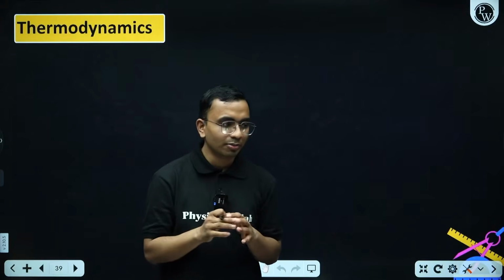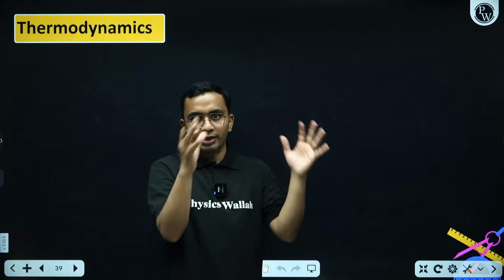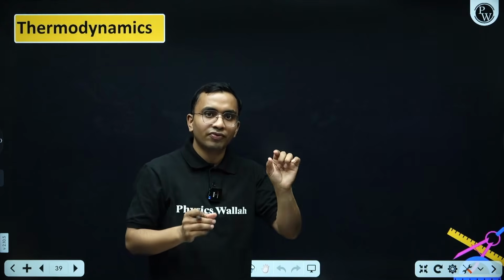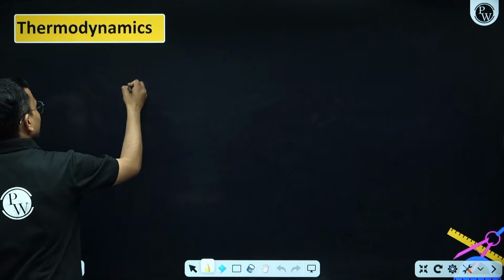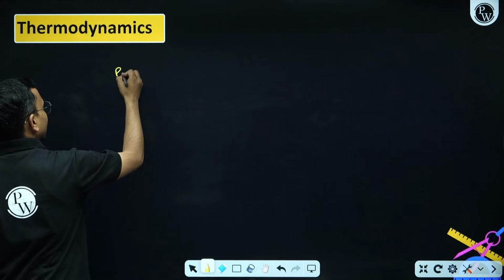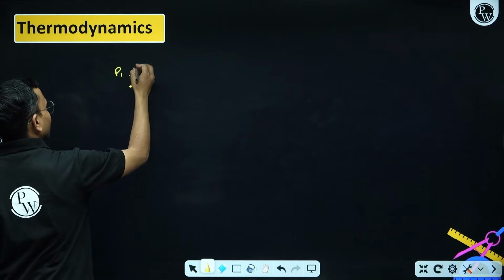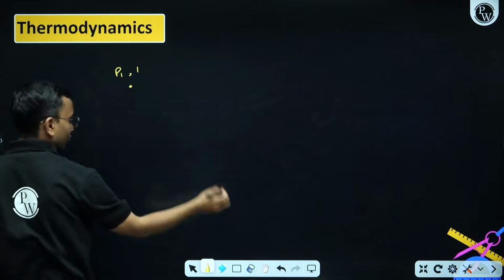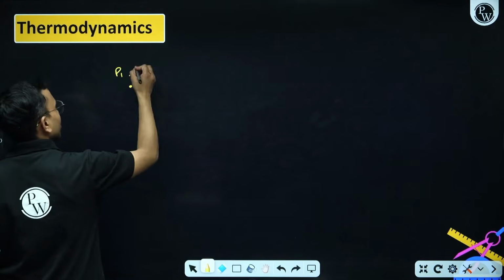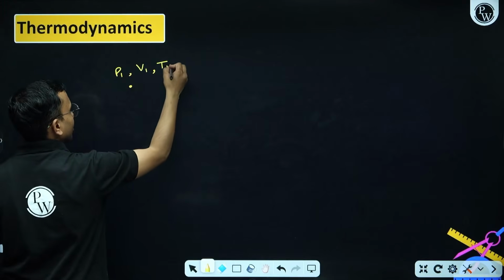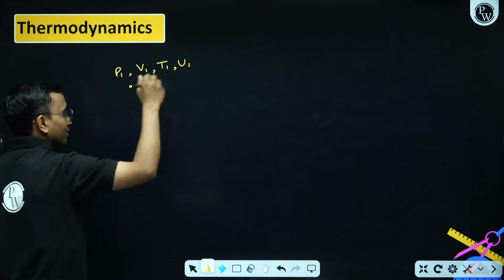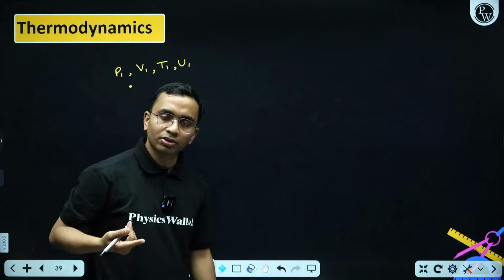In thermodynamics we have a gas, and the states of the gas are defined by the pressure, volume and temperature of the gas. So here the gas has, let us take, pressure P1, volume V1 and temperature T1, or sometimes the internal energy U1, because we know that internal energy also depends on temperature.